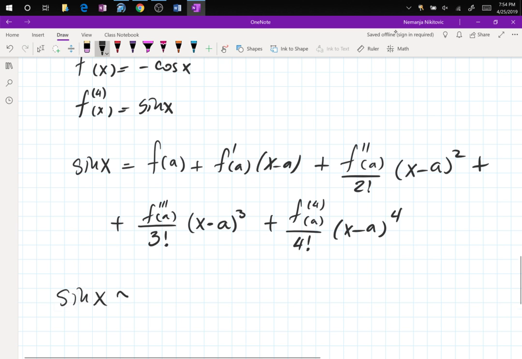So sine x is approximated. I should have said approximated, not equal. There we go, approximated. It's a squiggly equal sign.